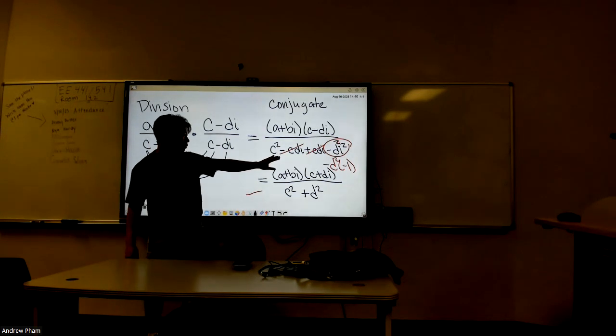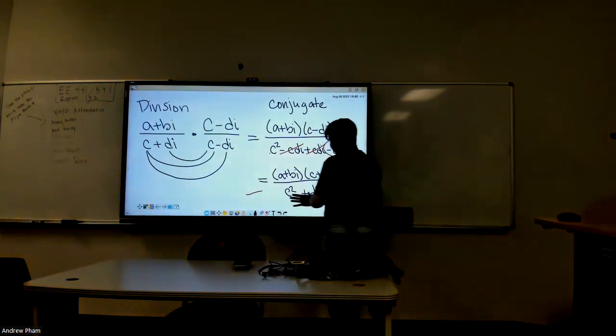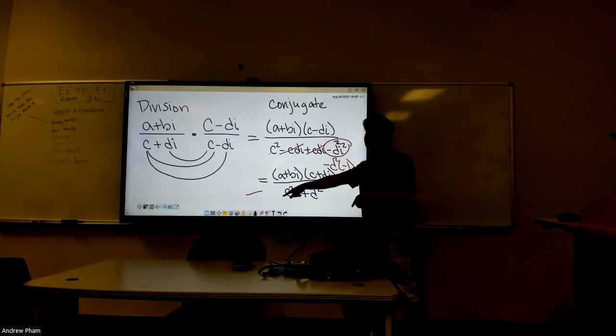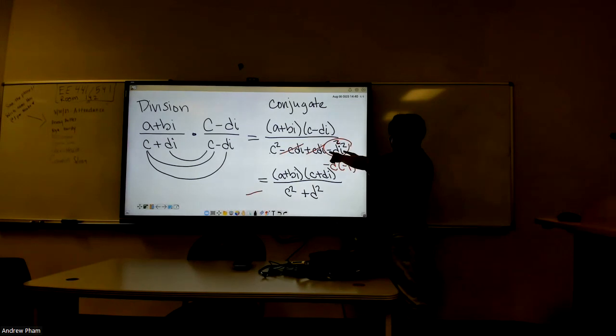Which part are you talking about? Yes. So if I look at this expression right here, you already see where the c squared comes from, right? Because this c squared, I just brought it down. Right here, this was originally d squared minus d squared i squared, but i squared is a -1.